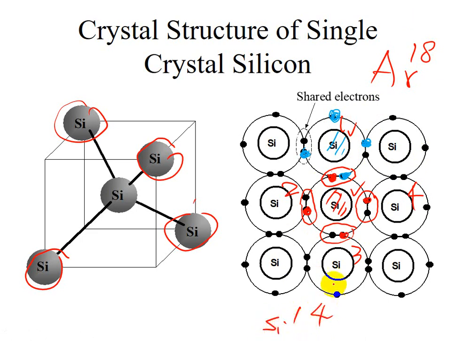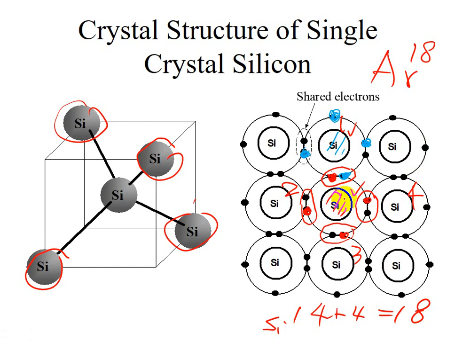Silicon has 14, plus another 4 shared electrons equals 18. So it forms a structure similar to argon, so it becomes stable. And this is how silicon forms a single crystal structure.